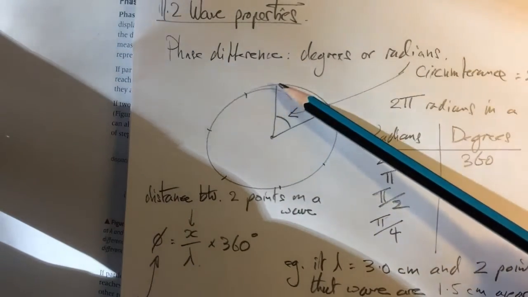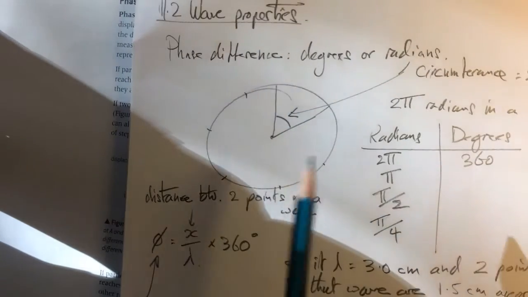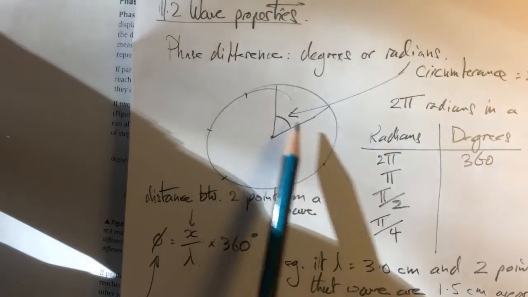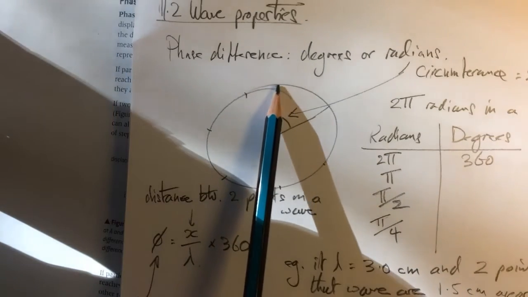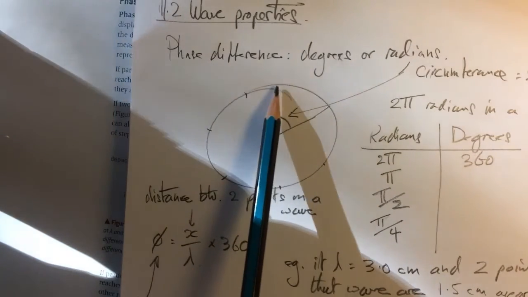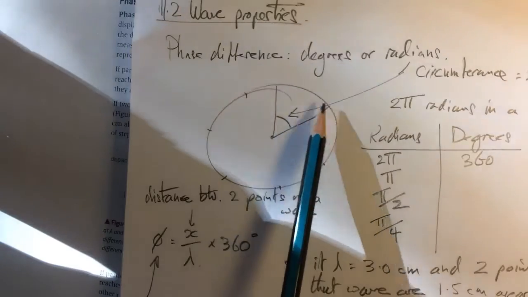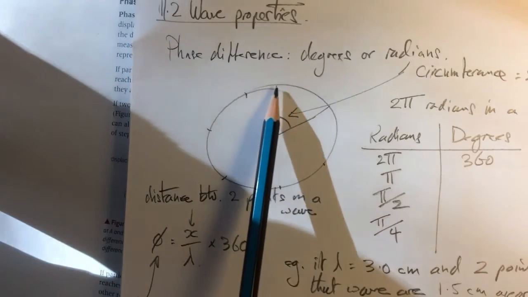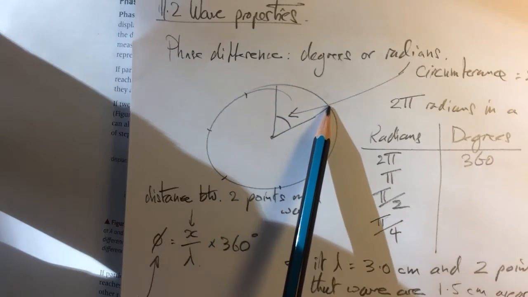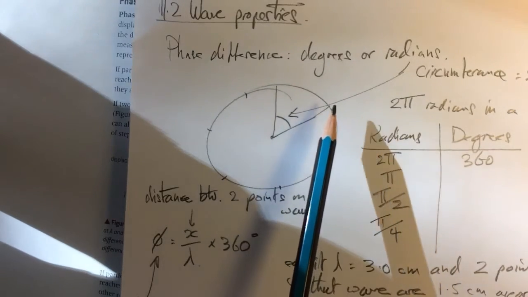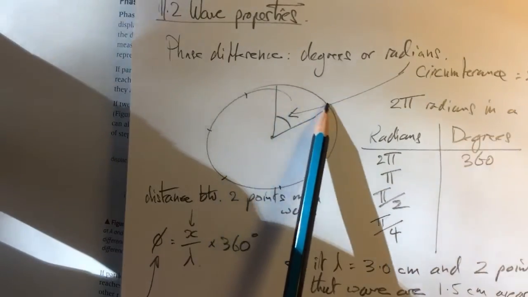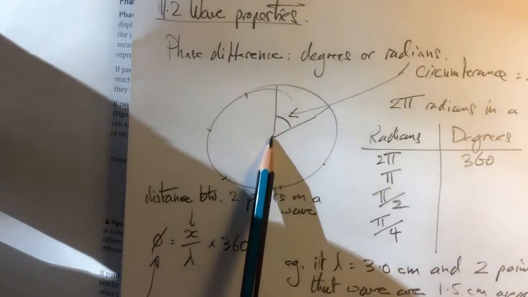And a radian is the angle subtended when the length of the circumference arc is the same length as the radius length.